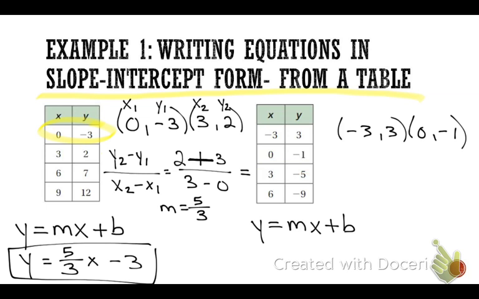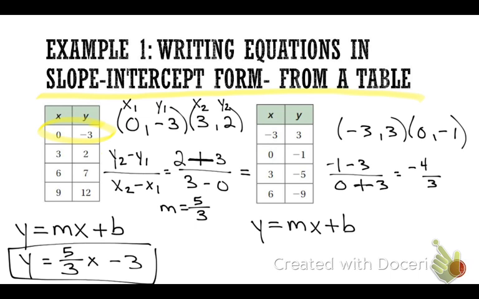All right, so we go y2 minus y1 over x2 minus x1. That becomes a positive. Negative 4/3. Did you guys get negative 4/3?